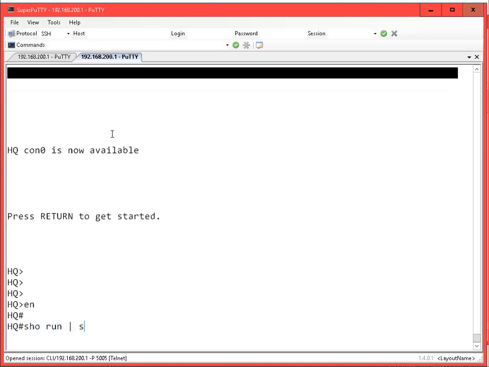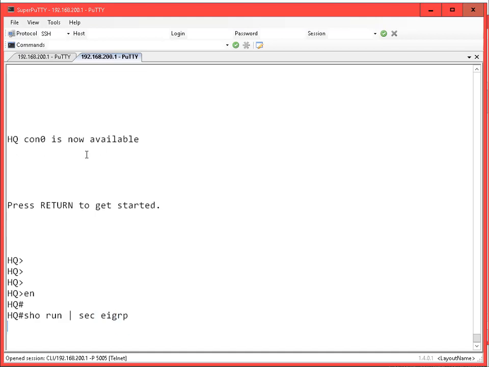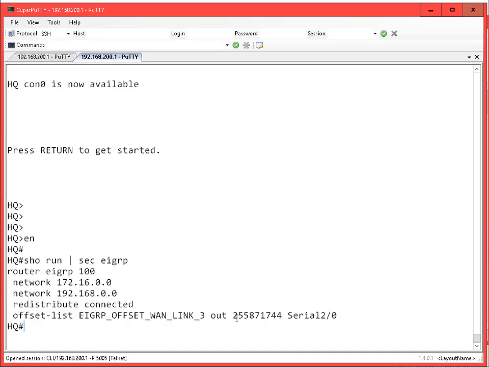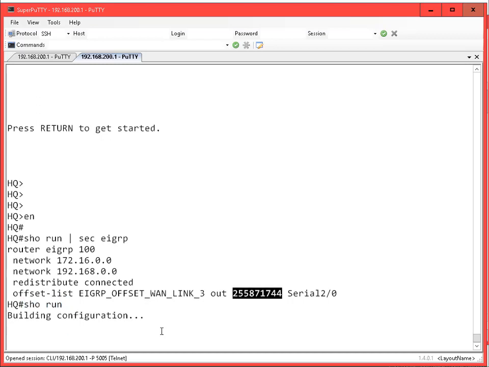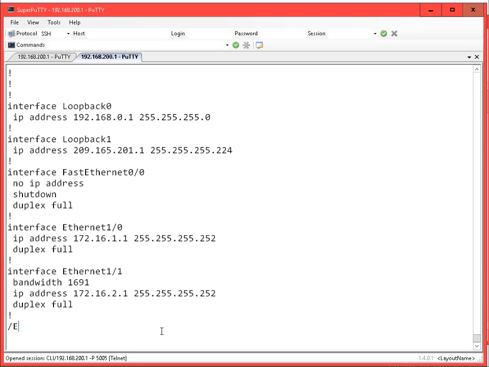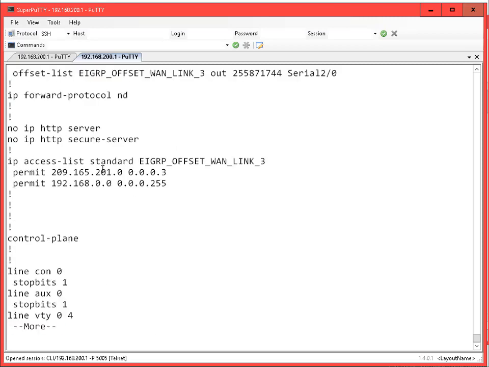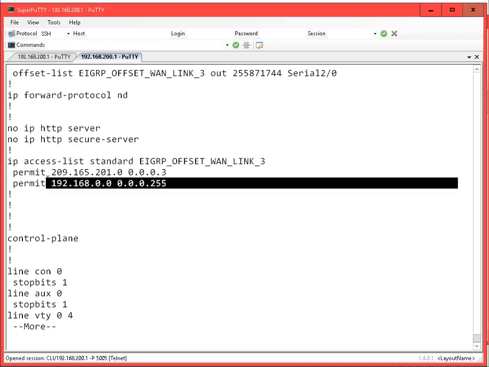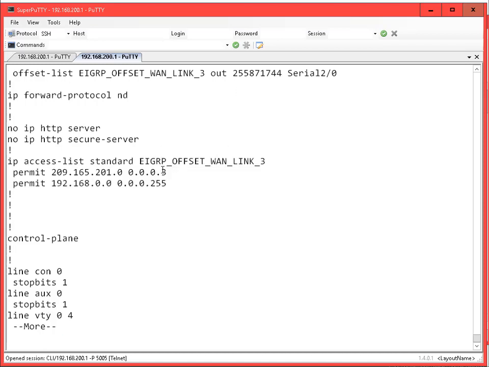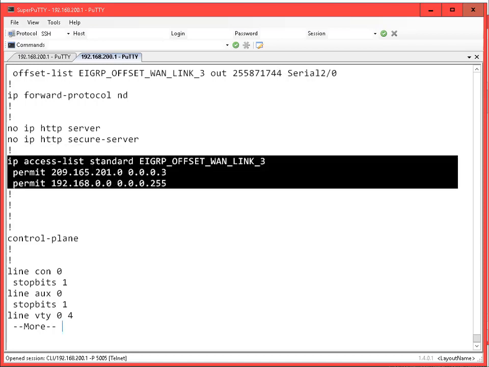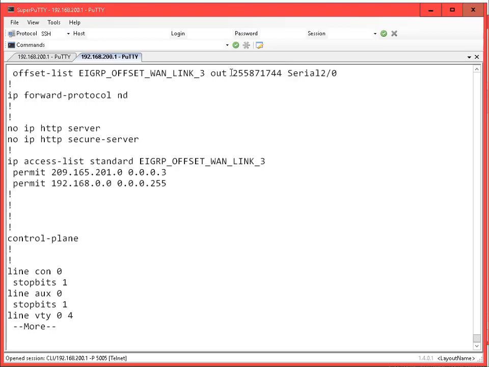If I do a show run section EIGRP, I'm actually changing the metric by 255871744. Basically, I've created an offset list. If you look at the config here, there is an access list that takes both of those routes, and then we offset out of that serial interface. We're offsetting the metric that's being advertised to the neighbor on that interface by this amount.